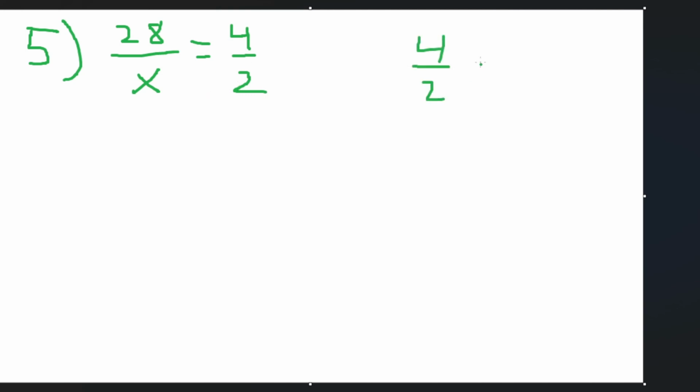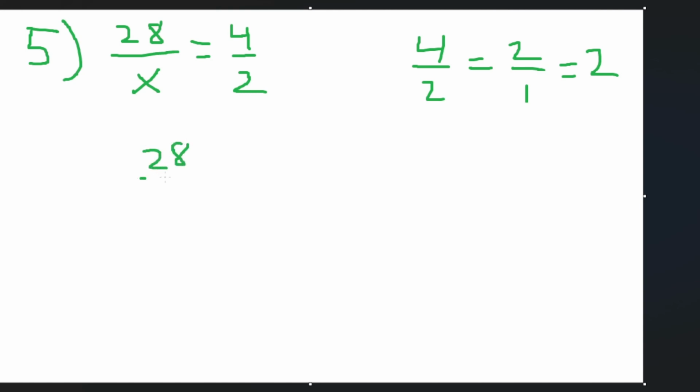Okay, so number 5, 28 over x equal to 4 over 2. If we did reduce the 4 over 2 down, we would get 2 over 1, which is just the same thing as 2, but we'll use 2 over 1 since we're doing cross multiplication.